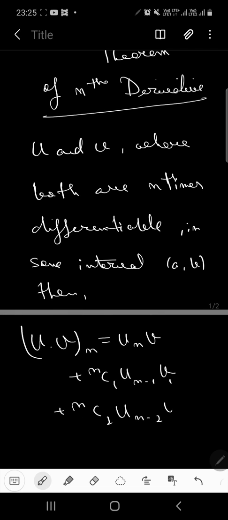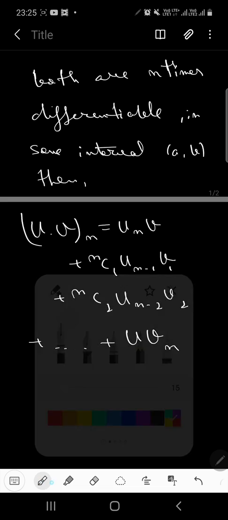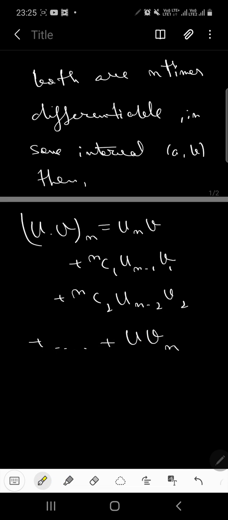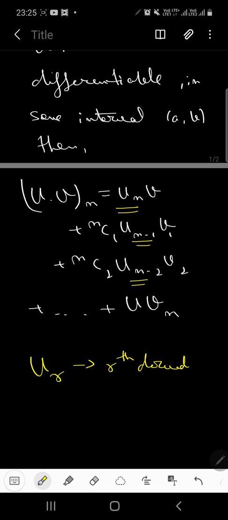I will be explaining everything. First let me write down the theorem. Okay, so this is the theorem given by Leibniz. Here u_{n-1}, u_{n-2}, these terms mean, let me say, u_r basically means the rth derivative of u.